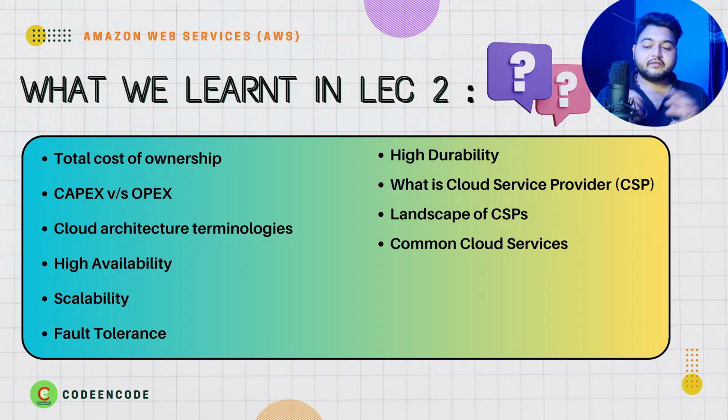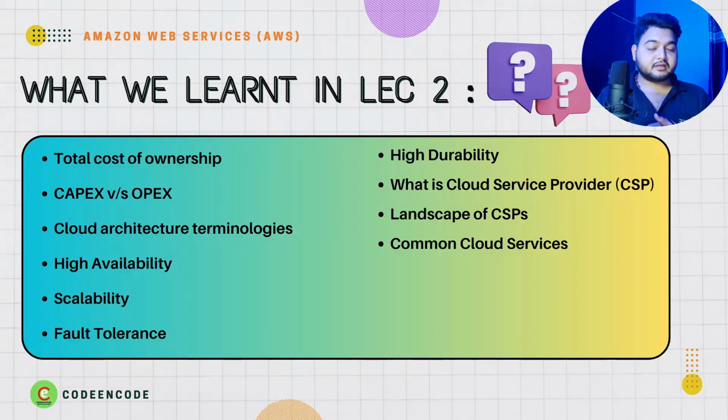We have already covered the total cost of ownership, TCO. Then we took a deep overview of capex versus opex. Then we discussed the cloud architecture terminologies like availability, scalability, elasticity, fault tolerance, and disaster recovery. Then high availability, high durability, what a cloud service provider is, what a cloud platform is, and how they are different.